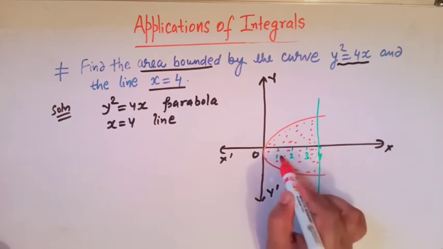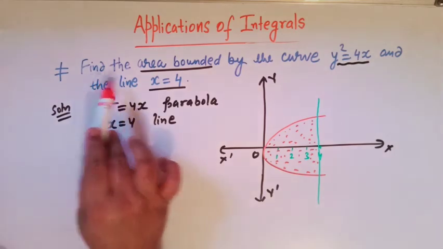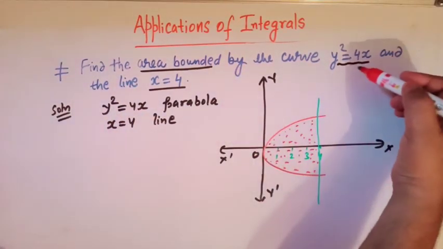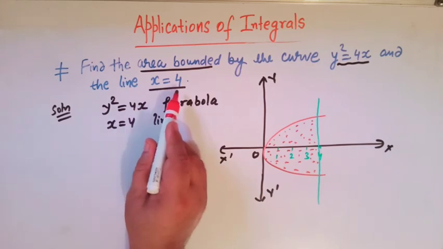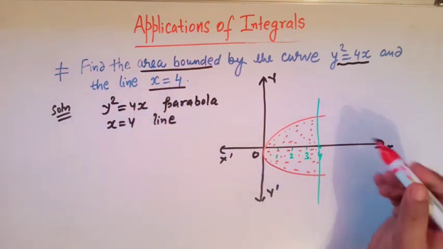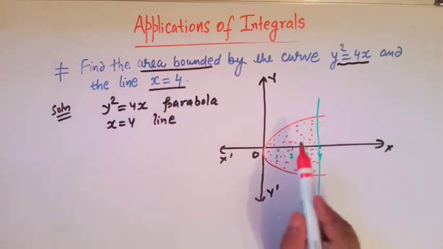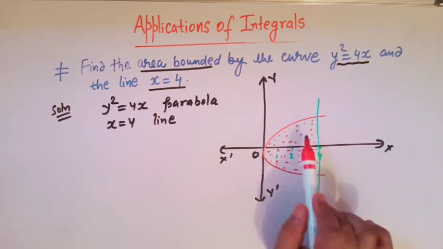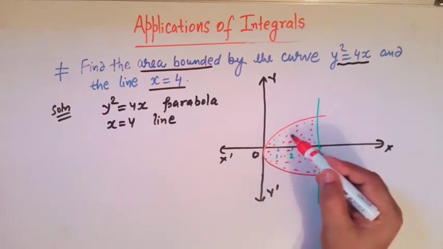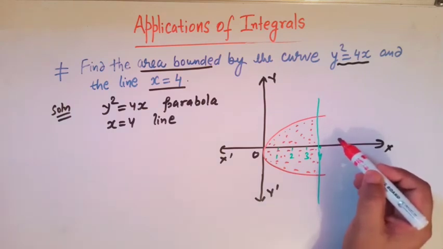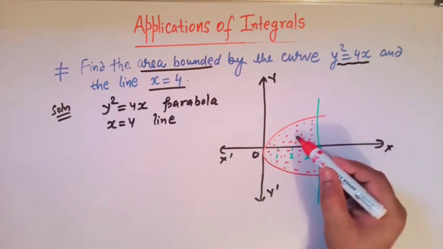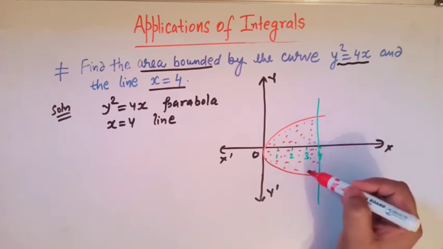Suppose we were given to find the area bounded by the curve y square is equal to 4x and the line x equal to 4 above the x-axis, then we would have to find only this area. But here this condition is not given, so we'll find this upper area and then we'll multiply it by 2, right?